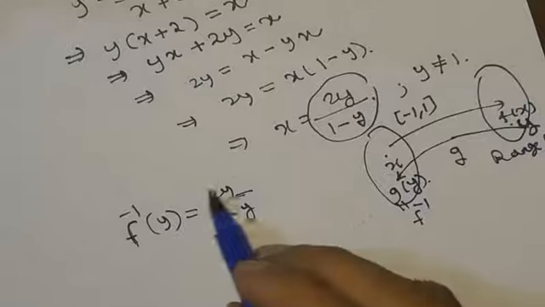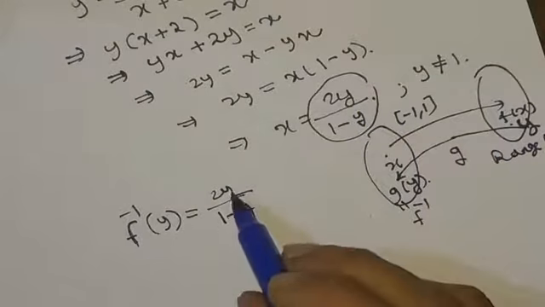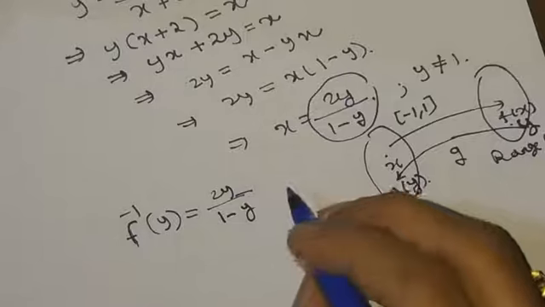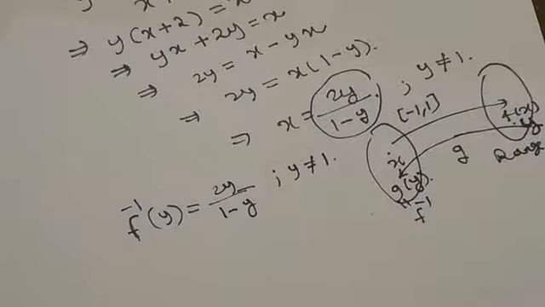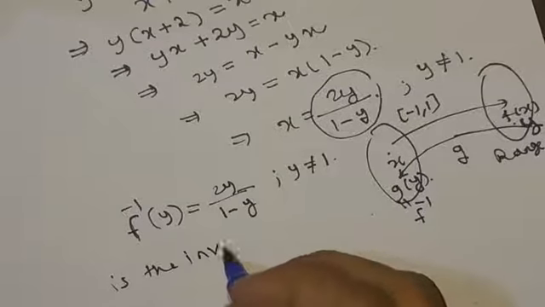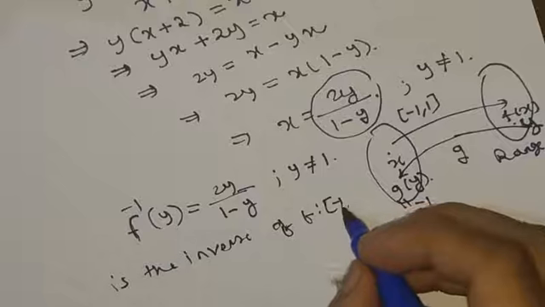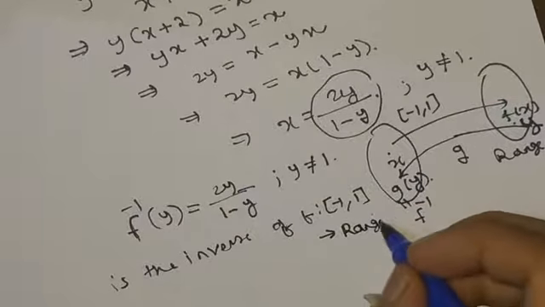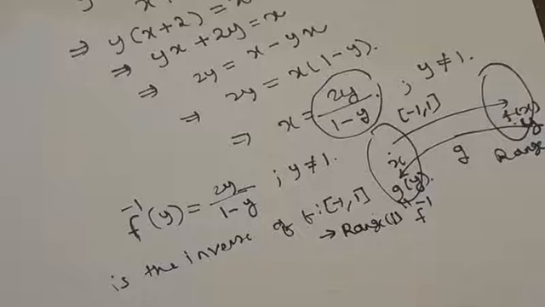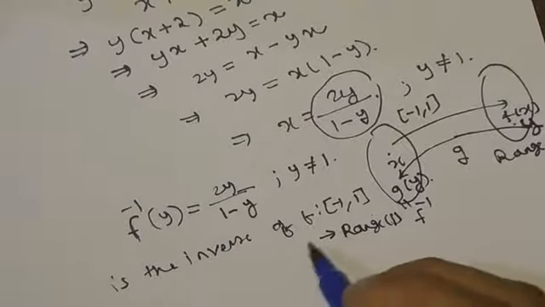So to get the x value we have to take this function, 2y divided by 1 minus y, where y is not equal to 1. So this will be the inverse of f, which is from minus 1 comma 1 to range of f. So that answers our sixth problem.